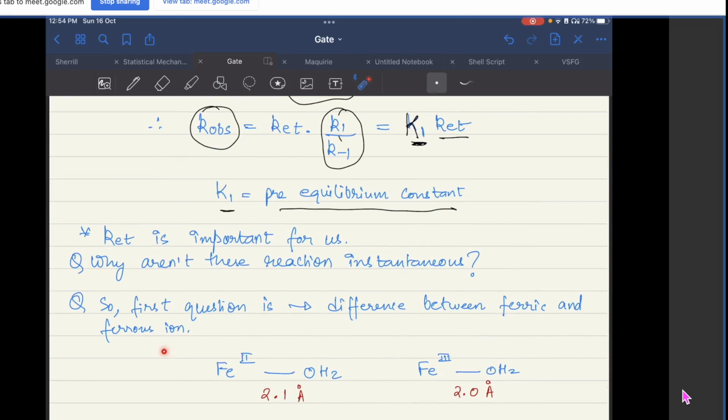When I'm talking about ferric and ferrous, the Fe2+ complex has OH2, H2O ligands. The distance between the metal and the ligand is 2.1 angstrom, and the bond distance becomes shorter when it is Fe3+, so this becomes 2 angstrom.